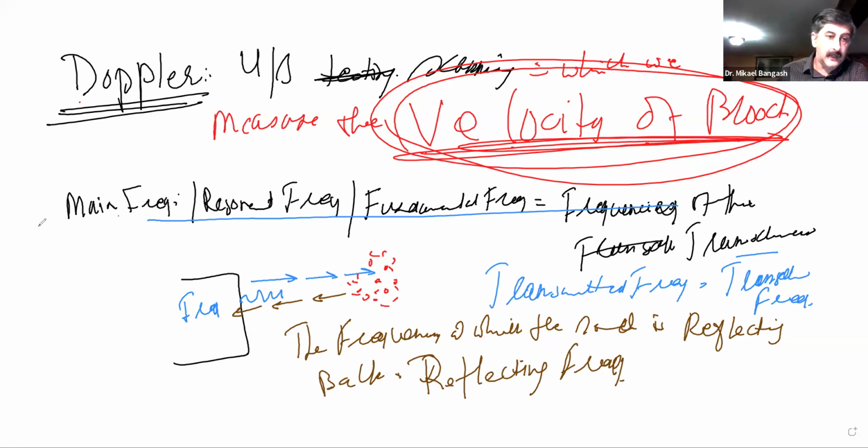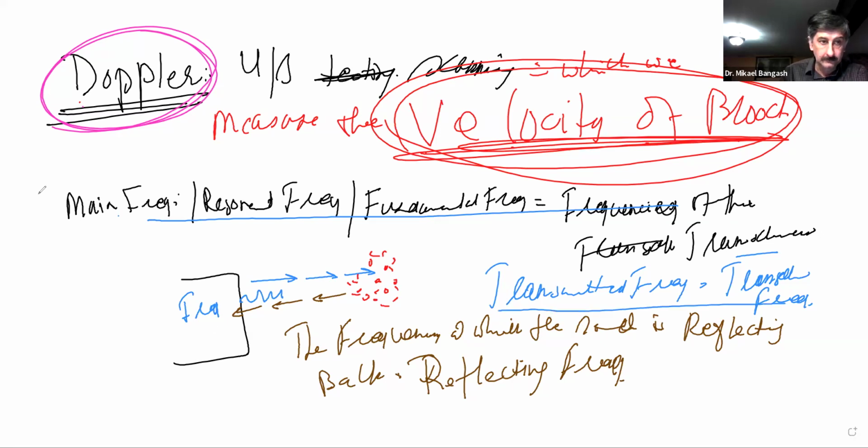So one thing that we will be doing primarily is getting into just the basics of what a Doppler is going to be. To begin with, we'll refer to these two frequencies here: the transmitted frequency and the reflected frequency.